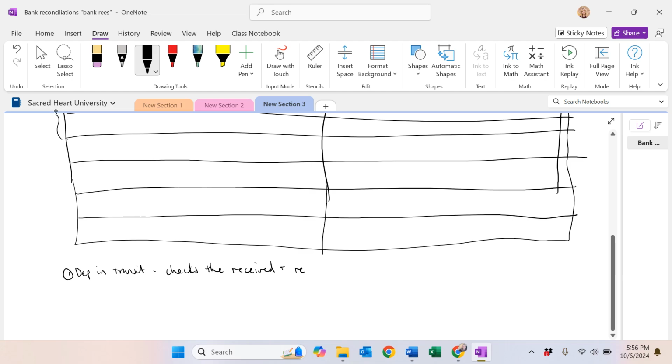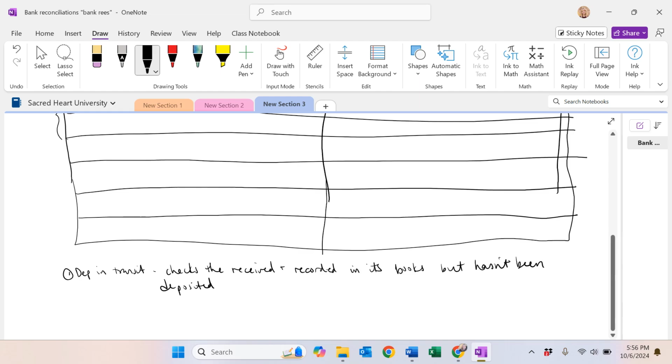What do we do when we get a check? We immediately record it in our checkbook, and companies are going to record that journal entry to say debit cash, increase the cash account. Recorded it in its books, but hasn't been deposited or hasn't cleared the bank.